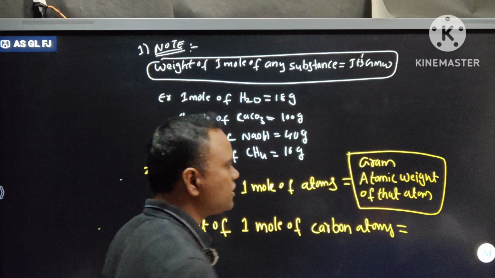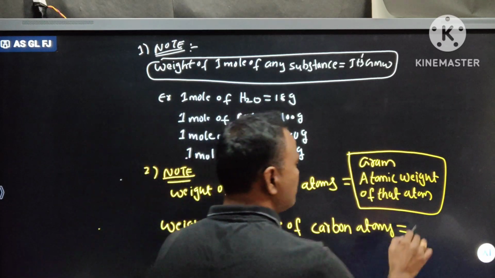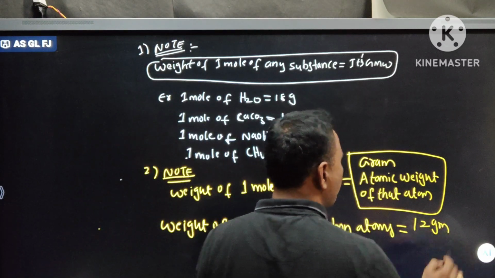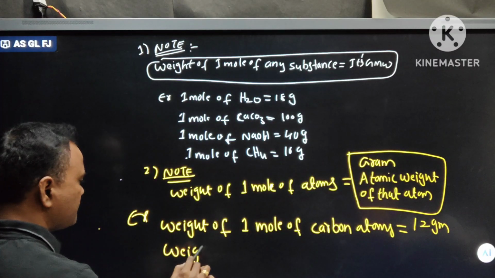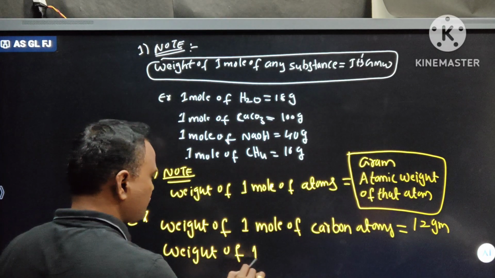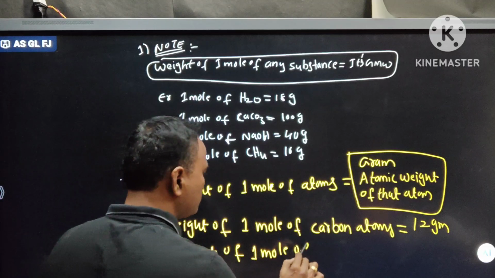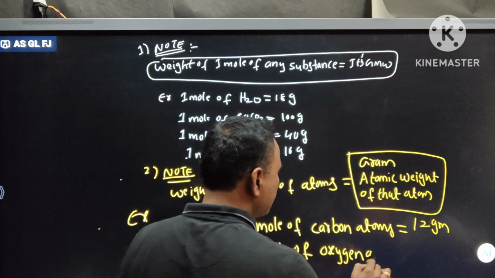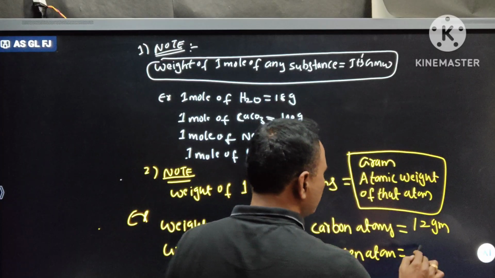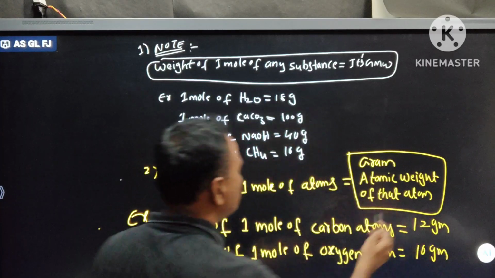Weight of 1 mole of oxygen atoms. Oxygen atomic weight is 16 grams. I have given it clearly.